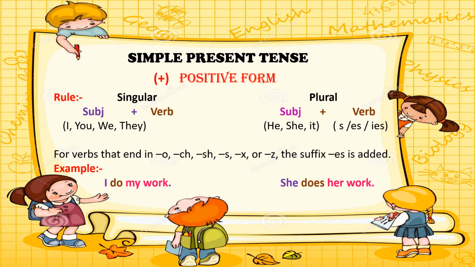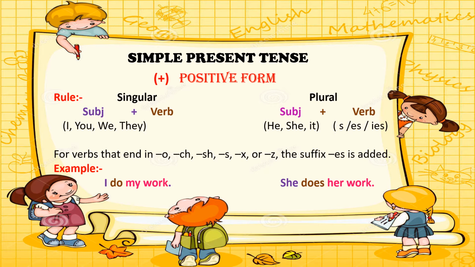If the verb ends with the alphabet O, CH, SH, S, X or Z, then a suffix will be added. For example, S, ES or IES. So let's look at the examples.